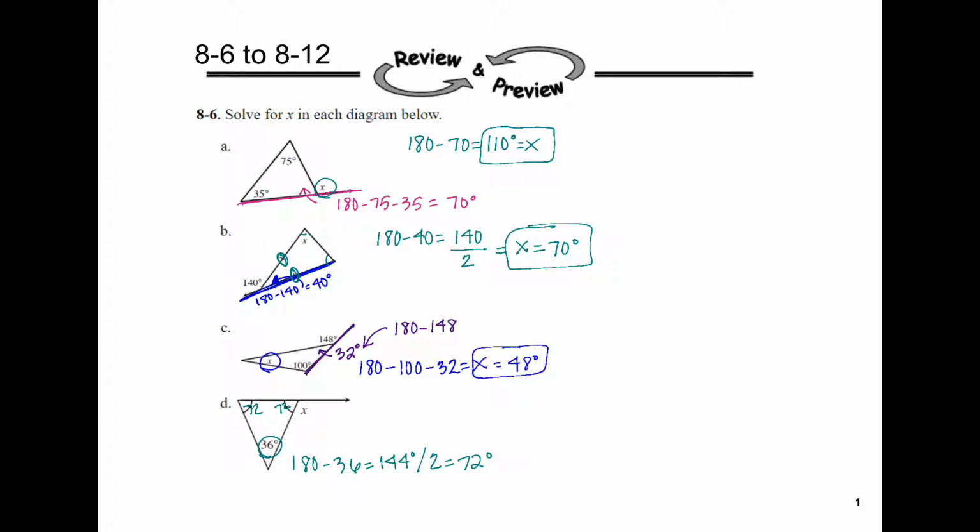And then in order to find x, we know that this is a supplementary or a straight angle. So if we take 180 and we subtract 72 from that, we know that x is equal to 108 degrees.